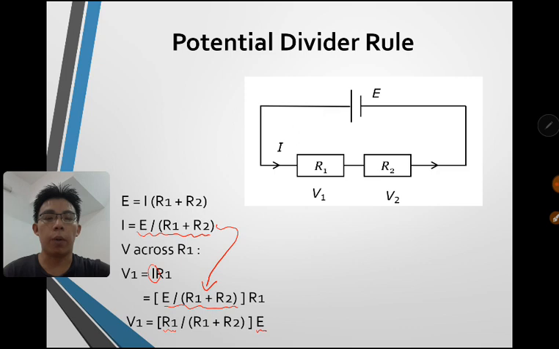What I want you to see here is that V1 basically is the ratio of its resistance to the total in the series, and then you use that ratio and multiply by the EMF. So this portion of this resistance, when you multiply by the EMF, you should get the V1.